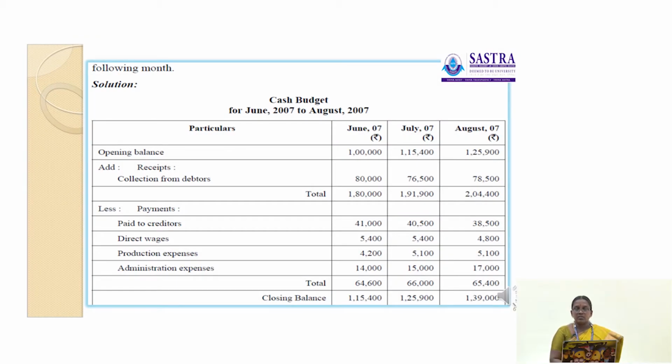Now let us see the solution for this problem. First, we have to prepare the cash budget for June 2007, July 2007 and August 2007. We have to provide a separate column for each month. First one is the opening balance. Opening balance in the month of June is rupees 1 lakh.